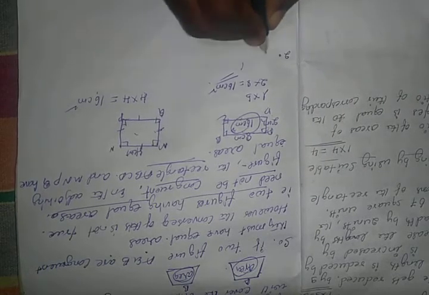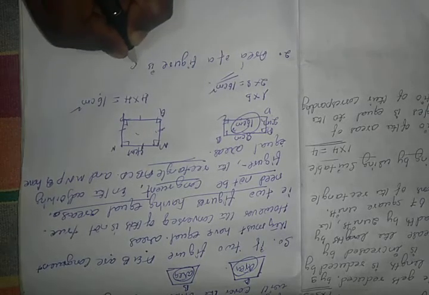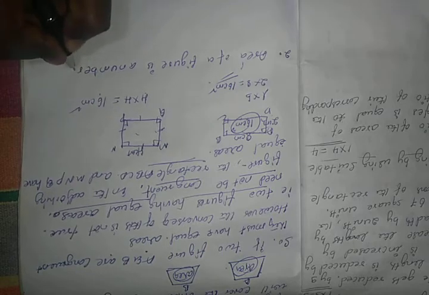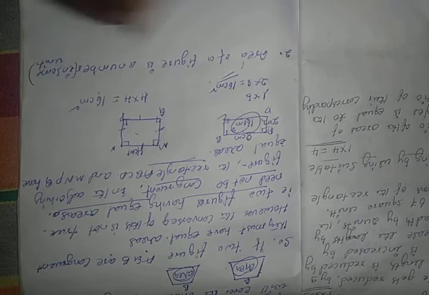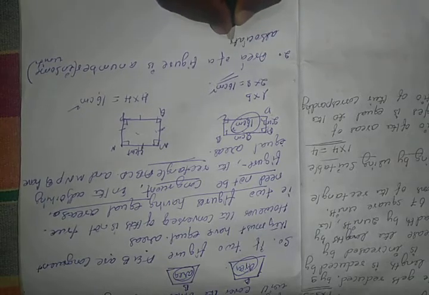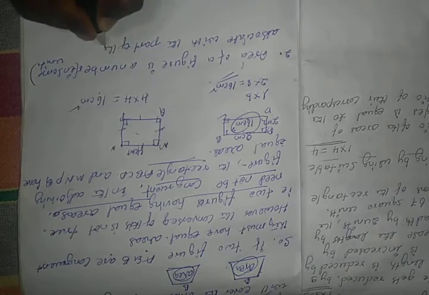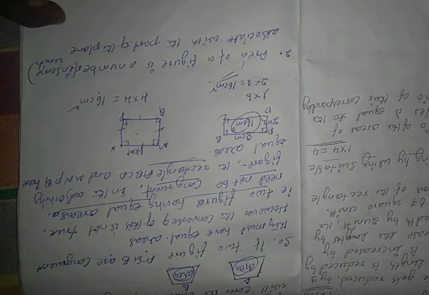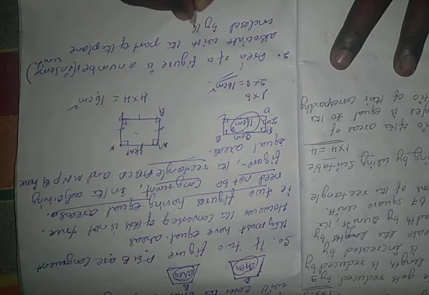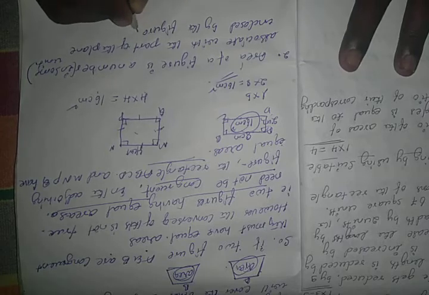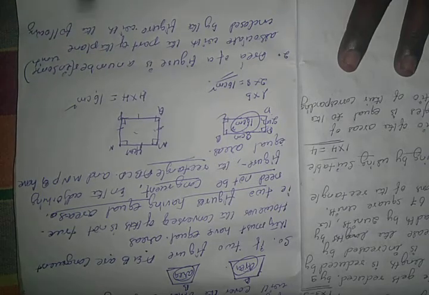Next, the second one. Very important: the area of a figure is a number in some unit, associated with the part of the plane enclosed by the figure, with the following two properties.